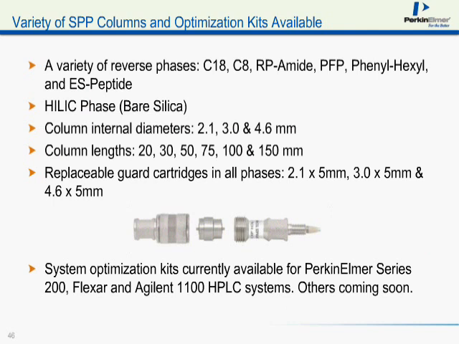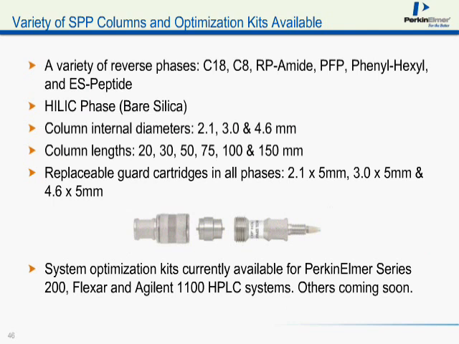And then, as I mentioned earlier, the ES peptide, which is a C18, but the silica particle itself has a higher porosity or larger diameter pores, which allow the penetration of the peptides and proteins into the particle so that you get maximum interaction and separation of peptides. We also have helix phase, which is basically bare silica, which can be used for your normal phase chromatography. So if you're trying to isolate very polar compounds in a nonpolar matrix, the helix phase works very well for that.